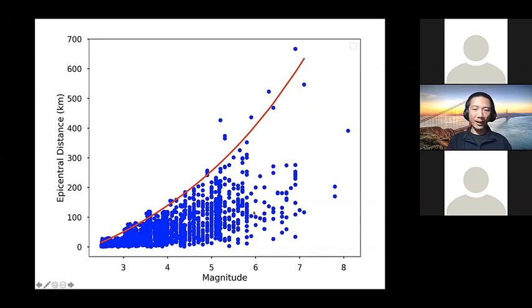For example, for a magnitude 6 earthquake, we can probably see waveforms at about 350 kilometers from the phones. But because these phones have different qualities, it really depends on the quality of the sensor inside the phone. Overall, the larger the earthquake, the further the distance at which we can detect it.